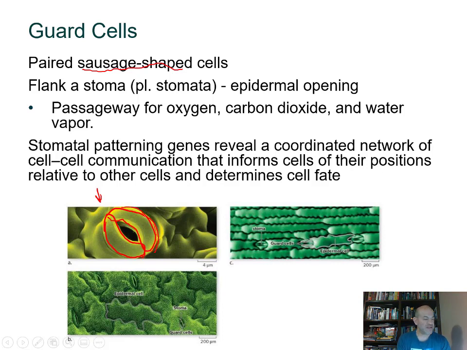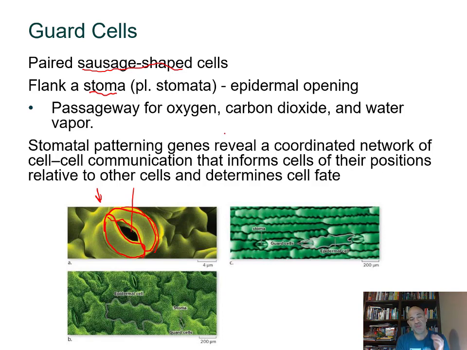Wherever electrolytes go, the water would follow. And so if we moved particles like, say, potassium into the cell, that would draw water in, and that would increase water pressure, and that causes those cells to bow outward, and that gives us an opening here, which is called a stoma.